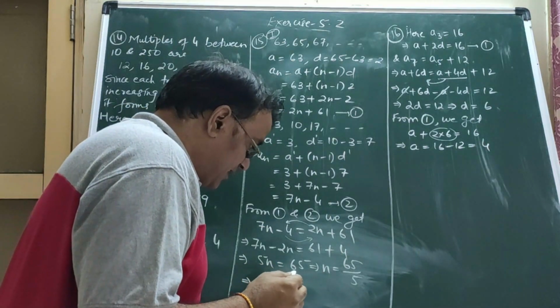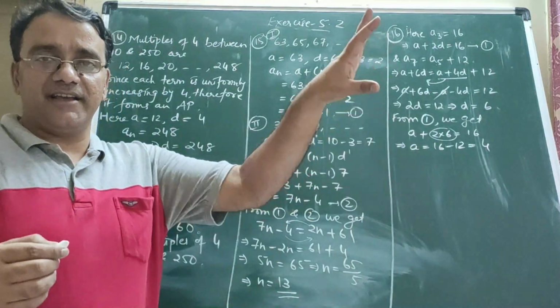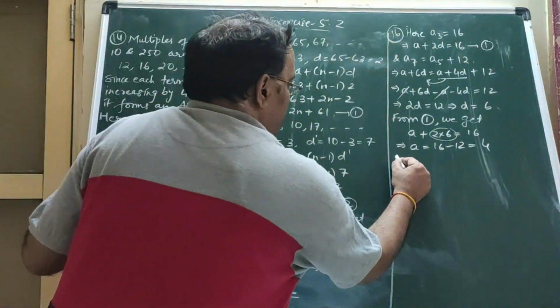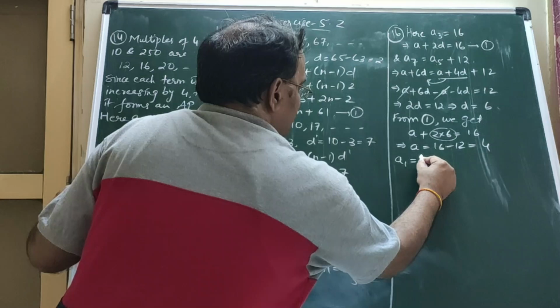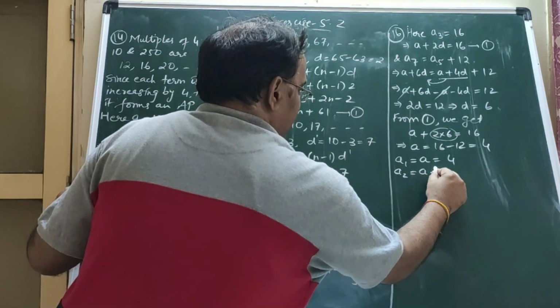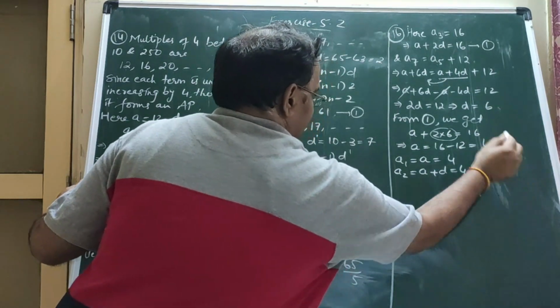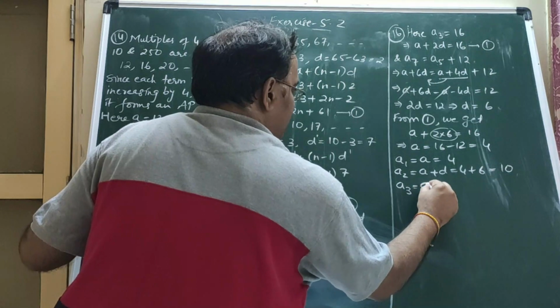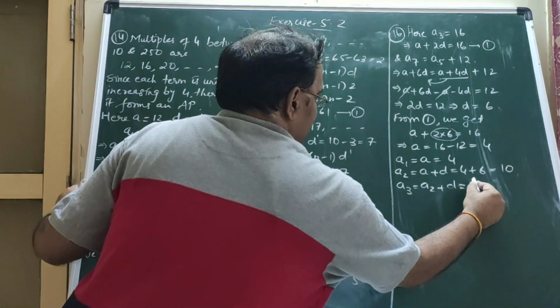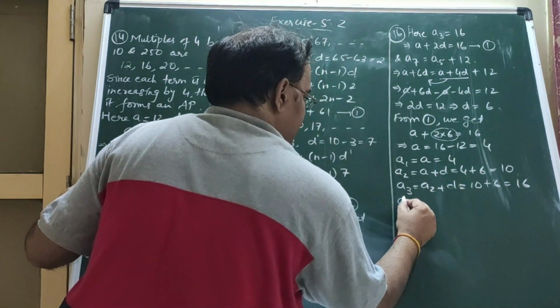So हम लोग को निकालना है determine the AP. So AP के लिए क्या करेंगे, 4 टर्म निकाल के छोड़ देंगे. So first term is A itself, 4. Second term A plus D, that is 4 plus 6, 10. And third term A2 plus D, that is 10 plus 6, 16.